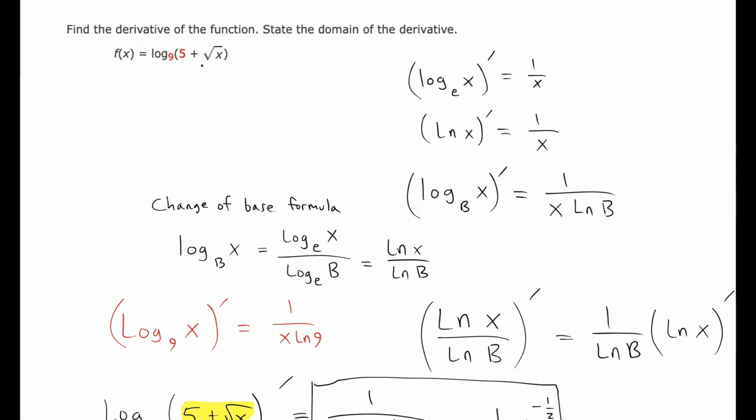Things we look for when we're looking for domain are: we can't have division by 0, we can't have a square root of a negative, and we can't have a log of a non-positive number. So there's a couple things that could cause a problem here.